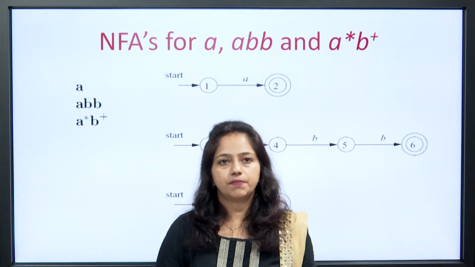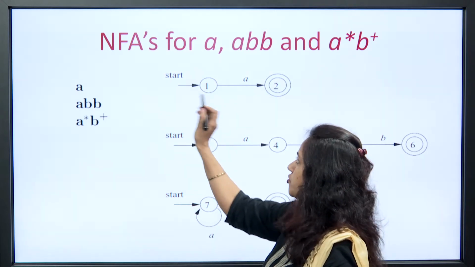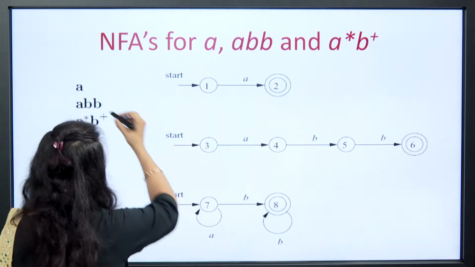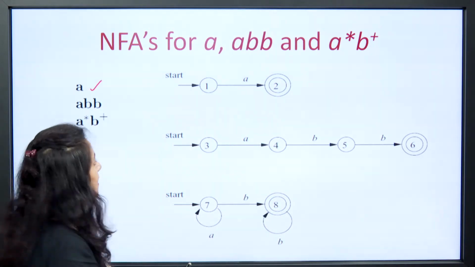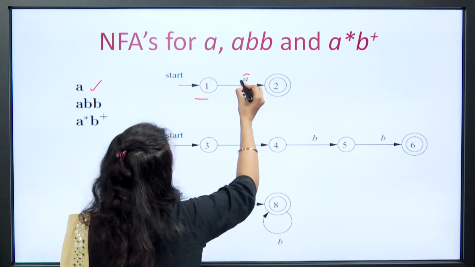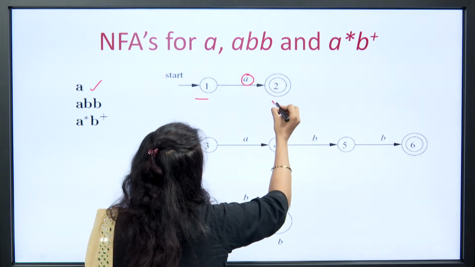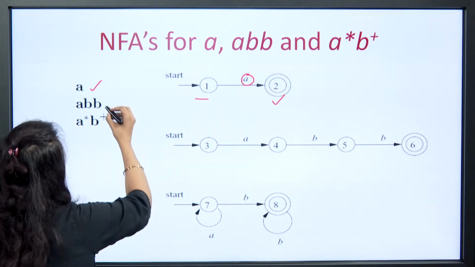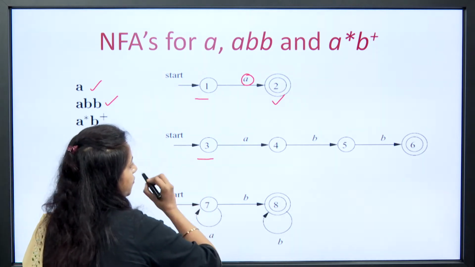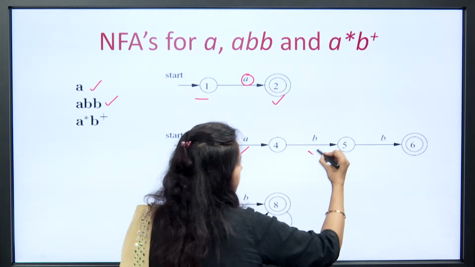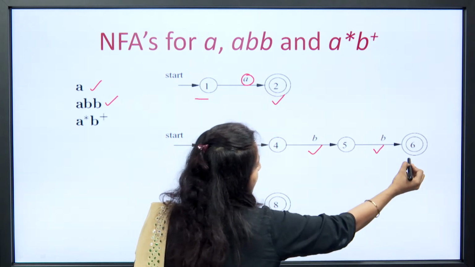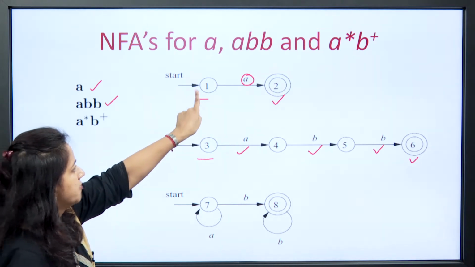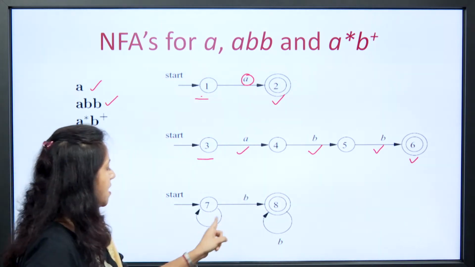Now, the first step for implementation is to draw a finite automaton for every pattern. So, here we have a. For a we can draw a transition from state 1 on input symbol a. After reading input symbol a, we move to state 2, and state 2 will be the final state. Now, this is abb, with state 3, for a, then b and then b, and then we reach the final state. To provide continuity to the states, numbering is done like 1, 2, then 3, 4, 5, 6 and so on.